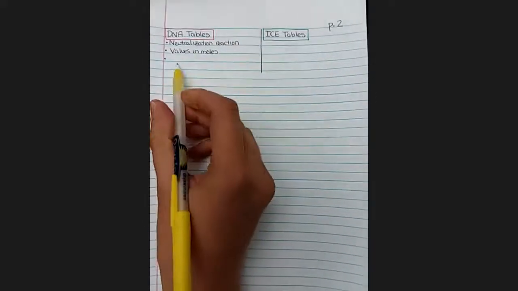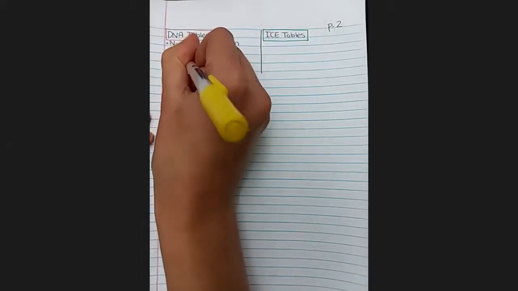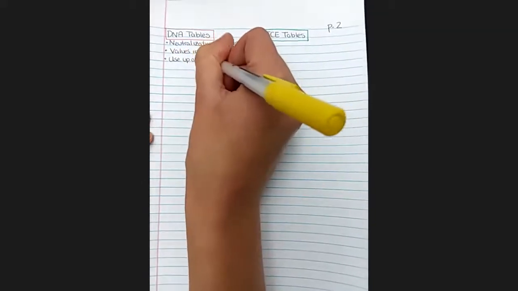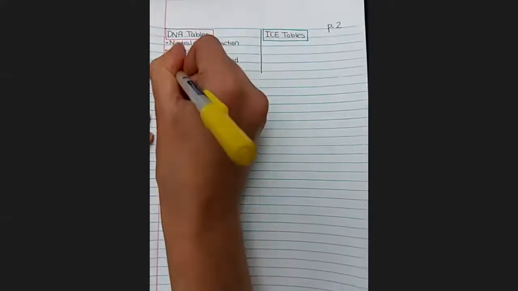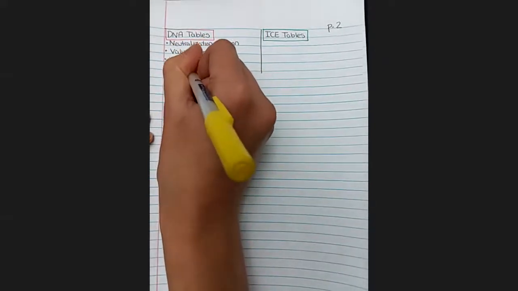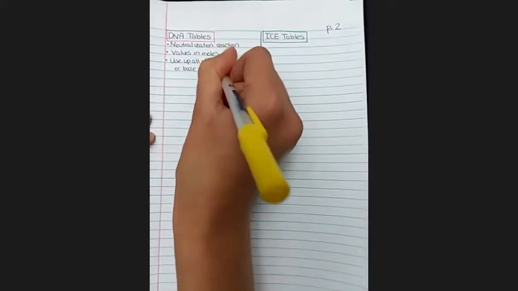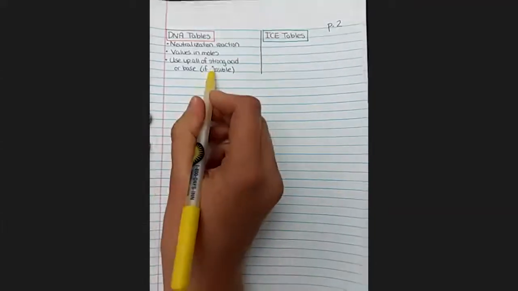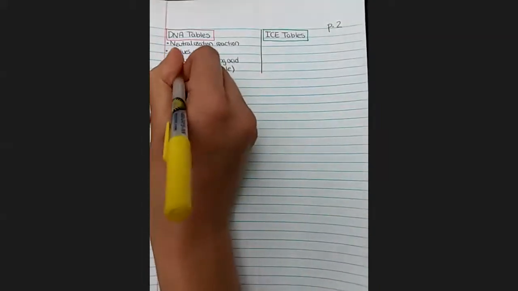And the third difference, the reason that we use the DNA table, is we wanted to use up all of the strong acid or base if possible. You'll see when we get to titration problems that at some point, if you add enough strong acid or base, you are no longer in the buffer region and you won't be able to use it all up. But if you do have a working buffer within the buffer region, you will use up all of it.